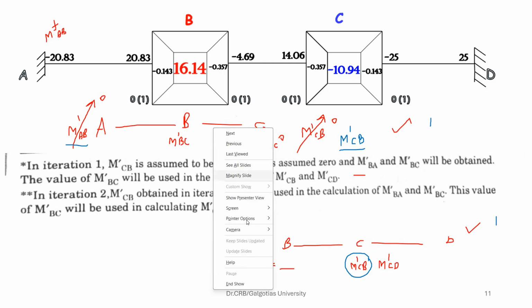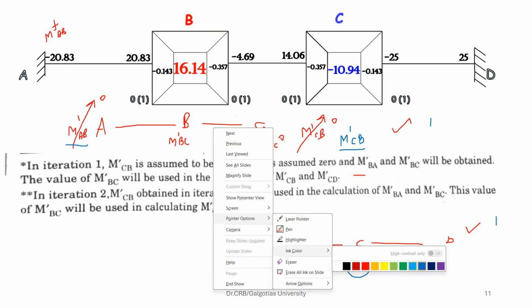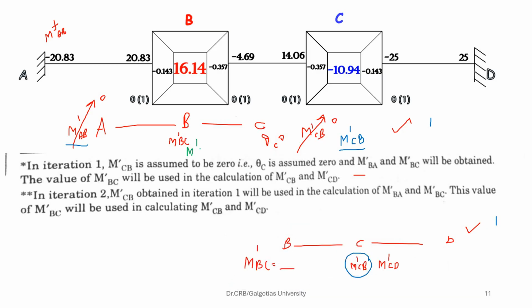Now you will get a new value of M dash BC. This new value is substituted in this location, and using this you will get another value of M dash CB. Then you take this M dash CB and substitute it here, and you will get M dash BC. So this cycle is repeated again and again. If you want to know how to perform this, let us solve a simple example and it will be very easy for you to catch up.